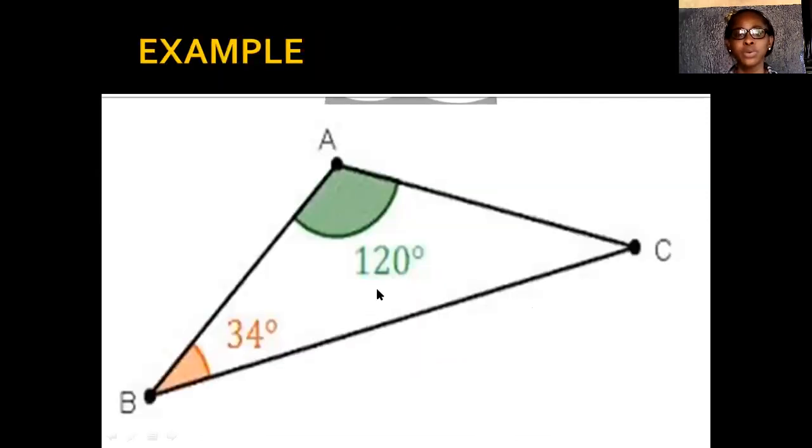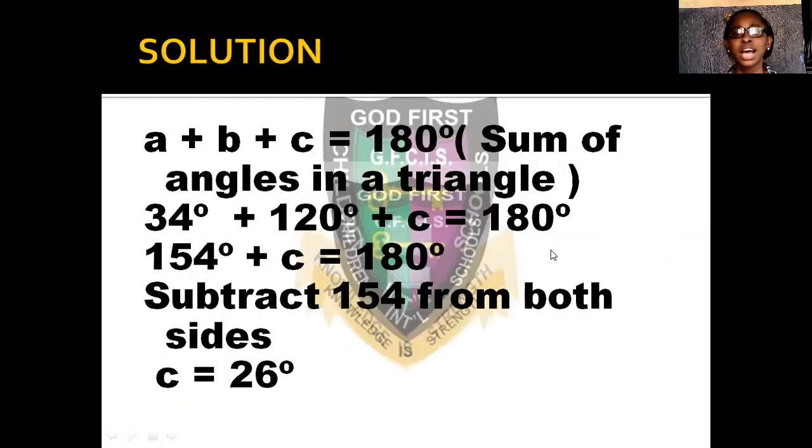Let's look at another one. We have 120 degrees here and 34 degrees here. Let us find the missing angle. Don't forget again that the sum of angles in a triangle is 180 degrees. So angle A plus angle B plus angle C gives us 180 degrees.